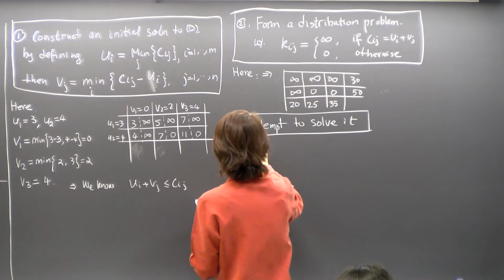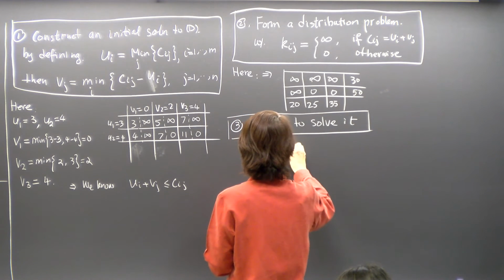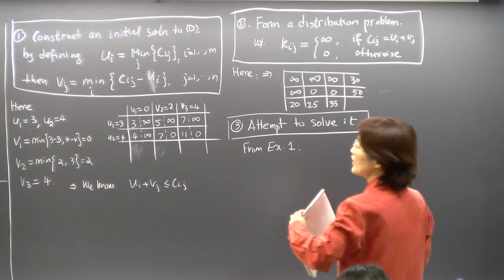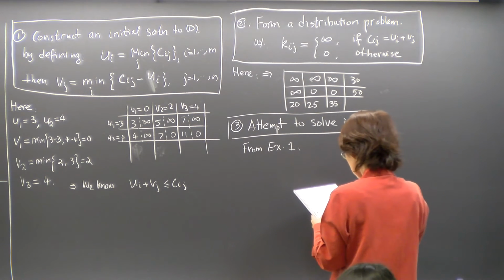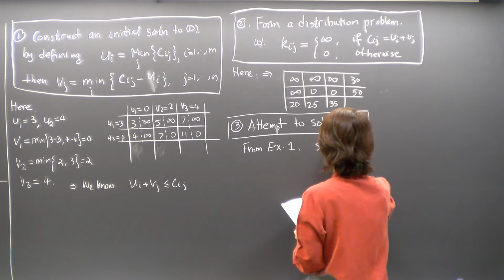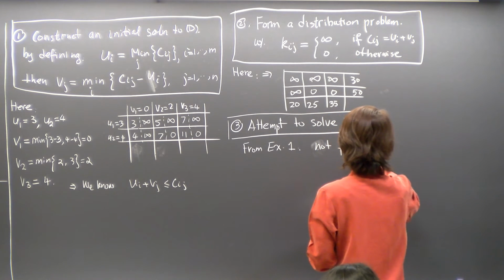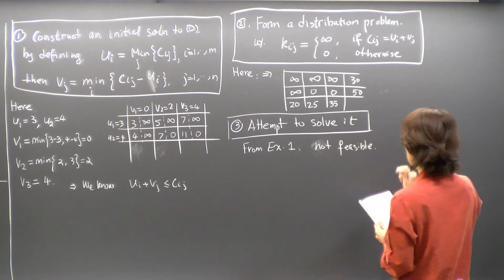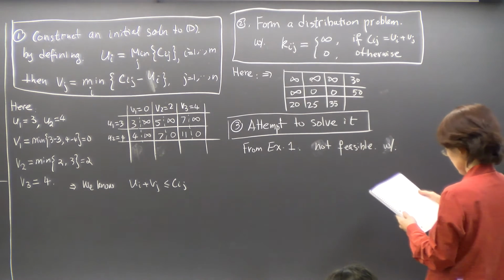So in principle you have to carry out example 1. That part will be filled in here. That's your calculation. And we find out that it's not feasible. If it's not feasible, I need to find the location, the indices.